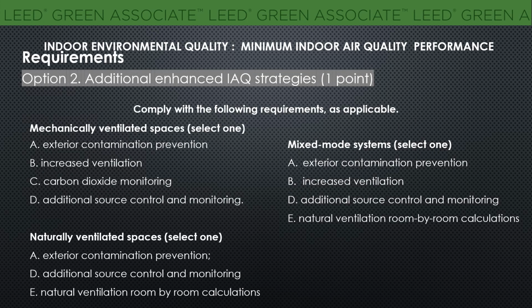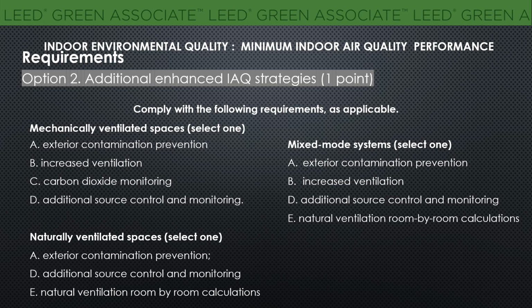Option 2 is additional enhanced indoor air quality strategies, worth 1 point. For achieving this, comply with the following requirements as applicable for mechanically ventilated space, naturally ventilated space and mixed mode system. But here we need to pick only one from these criteria. For mechanically ventilated space, the options are exterior contamination prevention, increased ventilation, carbon dioxide monitoring, or additional source control and monitoring.